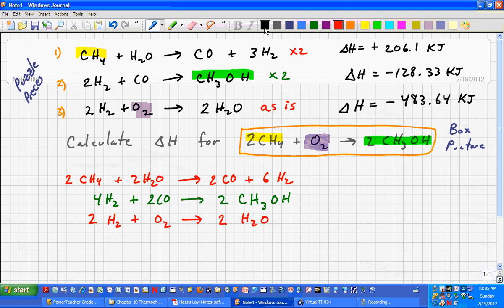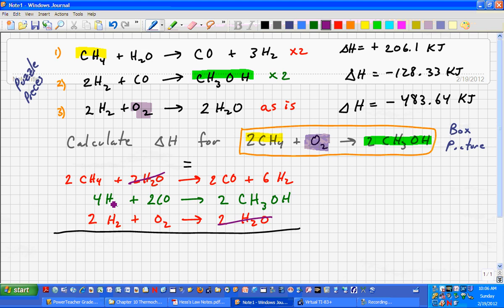At this point, what I'm going to do is total these guys up. Totaling them up is kind of like with a system of equations in algebra. I've got things on both sides of my equal sign, and things on opposite sides of the equal sign I can eliminate, I can cross out, because I would eventually wind up subtracting from both sides. So I've got 2 waters over here, I've got 2 waters over here, they go away.